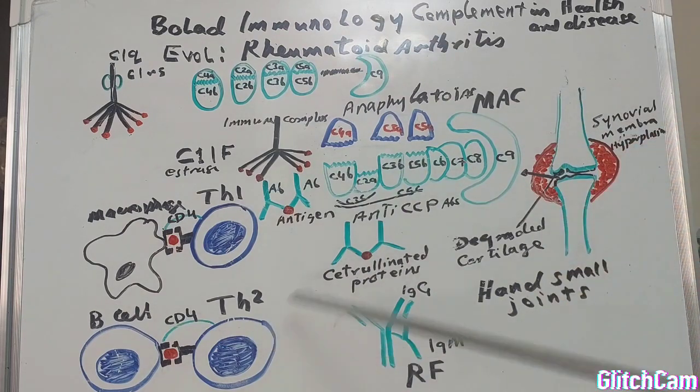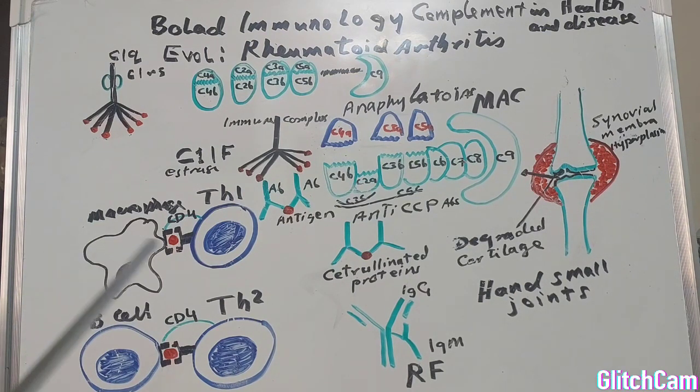Actually, this story takes place here in this small joint. Cytokines by the macrophage, tumor necrosis factor alpha and interleukin 1, are pro-inflammatory cytokines, and they have the capacity to induce destruction in this area and inflammation.